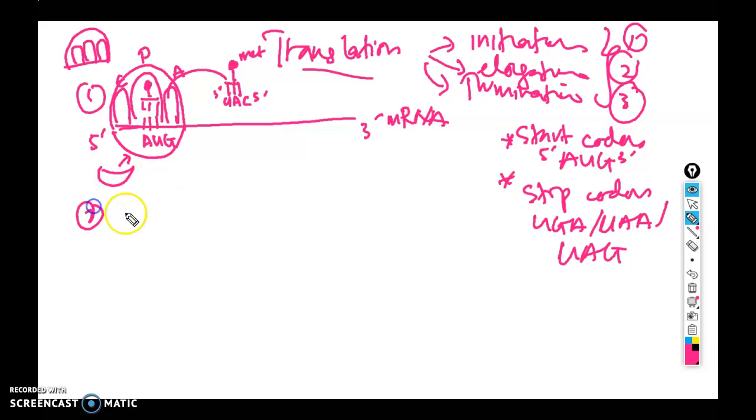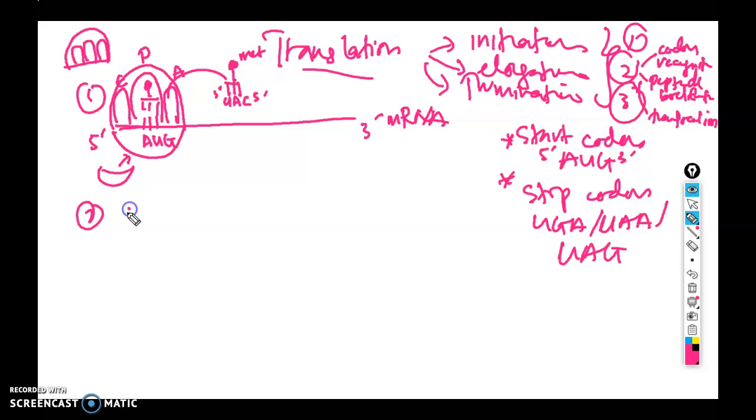And then followed by the steps of the elongation process. Elongation consists of codon recognition, then peptide bond formation, and then translocation.